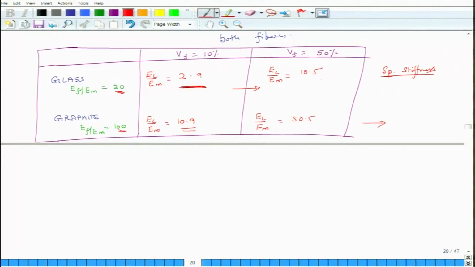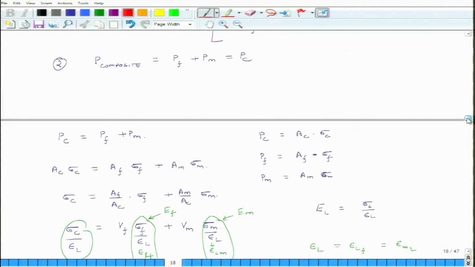Next, what we will look at in next 5-10 minutes is how is the load shared between. So, remember we have this picture and we said that some load is shared by the fiber and some load is shared by the matrix. So, now we will figure out how much load is shared by fiber and how much load is shared by matrix in the system.